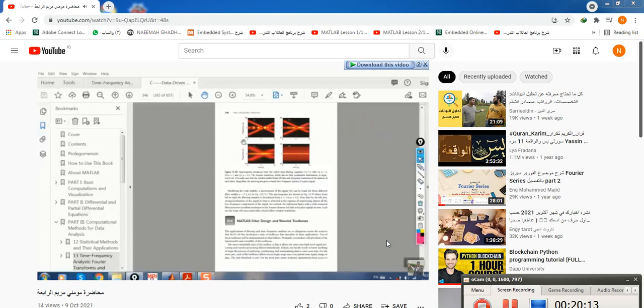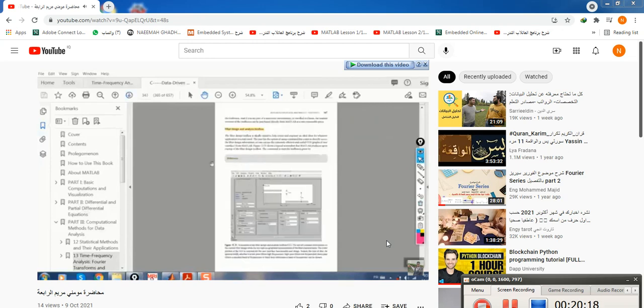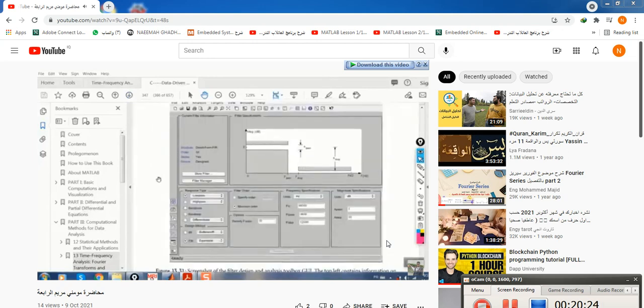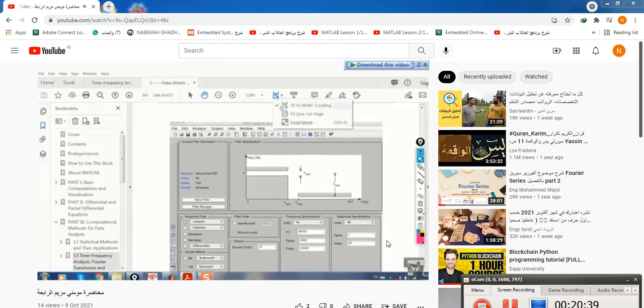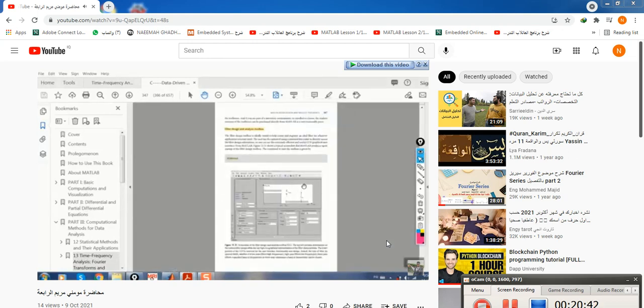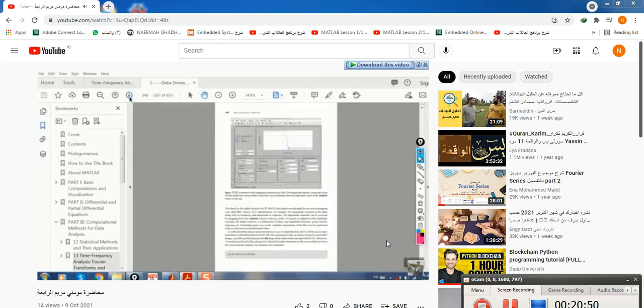Then we can consider filter design using FDA tool, and in FDA tool you only press some buttons and select some parameters, and this filter also can be used for denoising that I explained in the previous sessions.